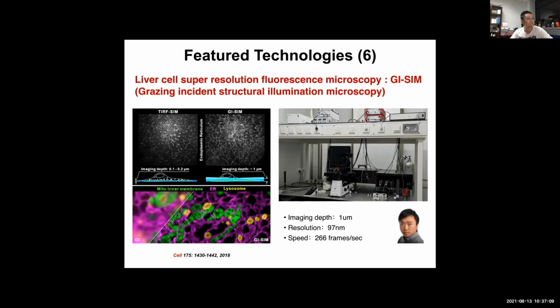And using this new super resolution fluorescence microscopy, the resolution can be improved greatly from the conventional fluorescence microscopy, 300 or 400 nanometers, to about 100 nanometers.